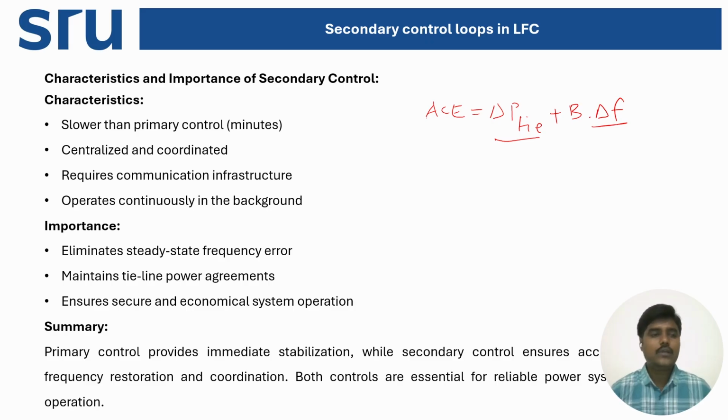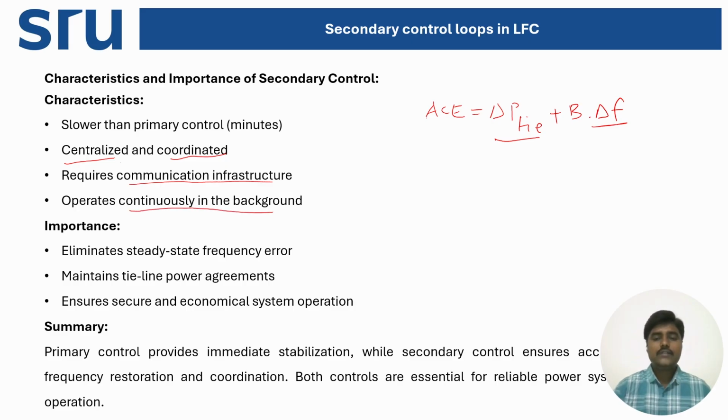Now let's see what are the characteristics and importance of secondary control. In the secondary control, the speed of its action is very slow compared to primary control. Secondary control is fully centralized and it is a coordinated control. That's why it requires communication infrastructure across all the units. And these secondary controls operate continuously in the background.